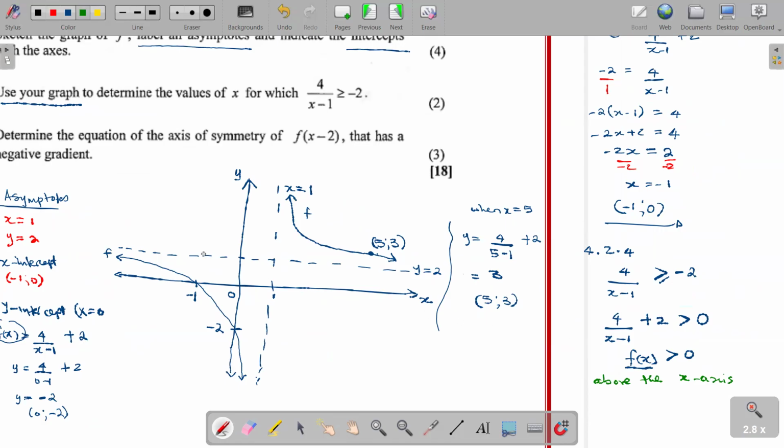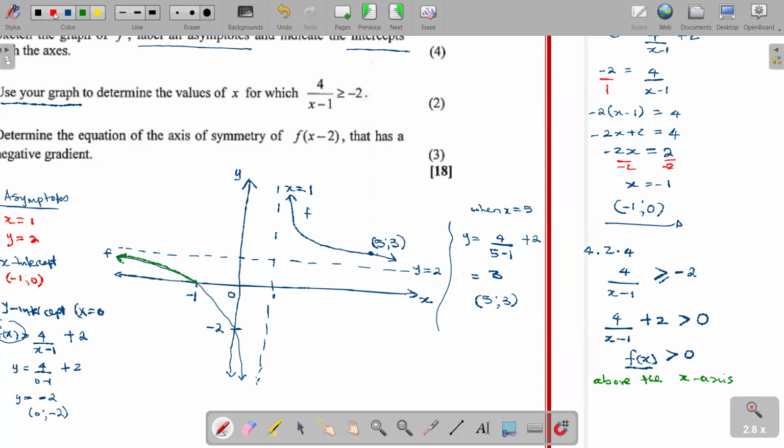If we go to our graph, we would realize that this part of the graph is above the x-axis, going there. Then if we come this side, it's now below the x-axis.